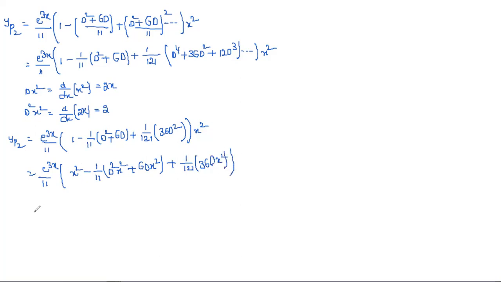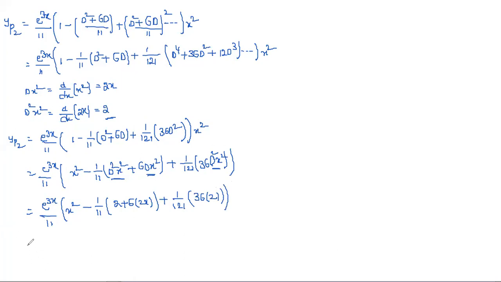So I just multiplied x square instead of the terms. D square x square is 2 and D x square is 2x.